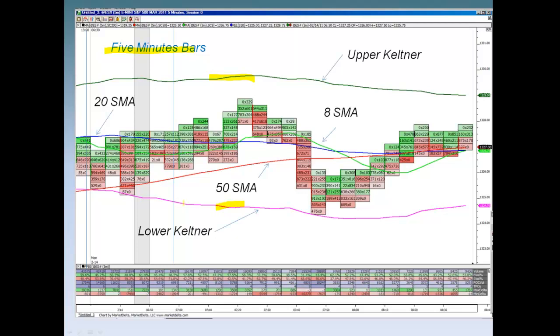And we can see here we have a flat 20 moving average. Sometimes some people choose to completely stay out of the market when the 20 moving average is flat on the 5-minute chart. Others will then say, no, I'm going to take a look at the Keltner, and anytime prices drop to the low Keltner, I'm going to buy.